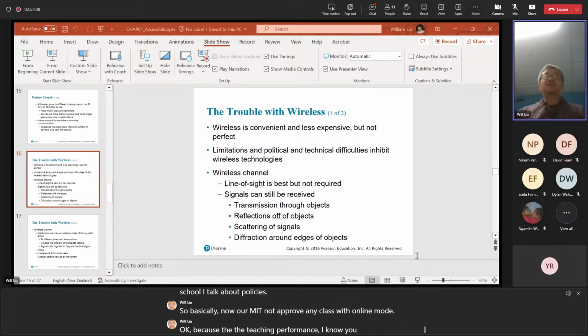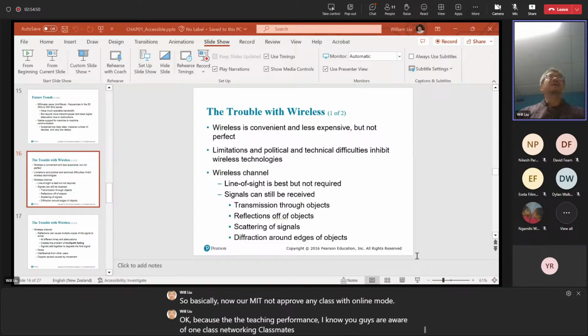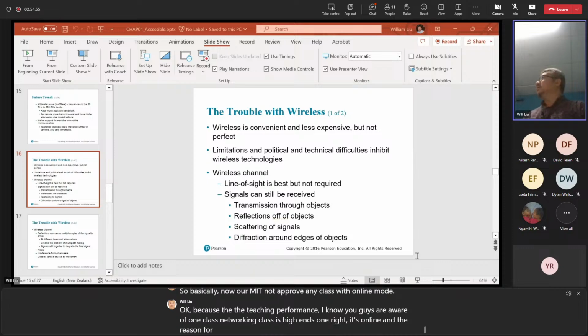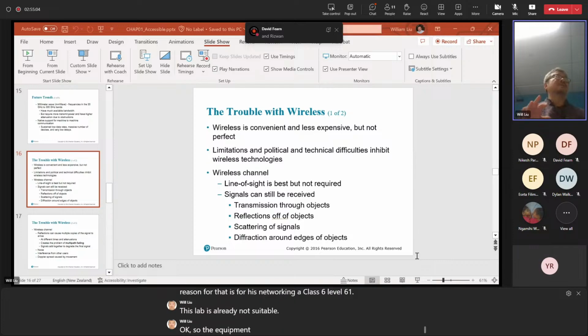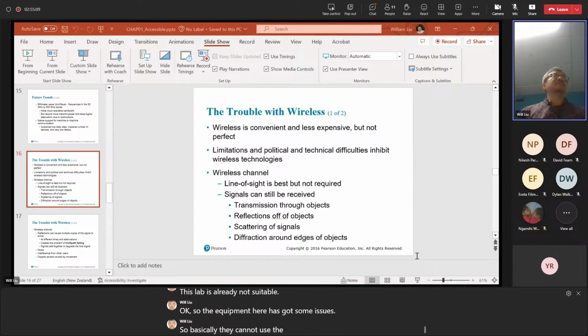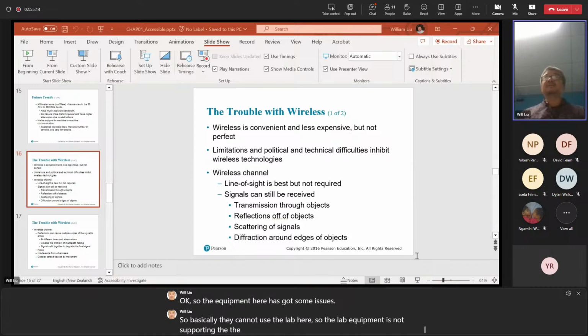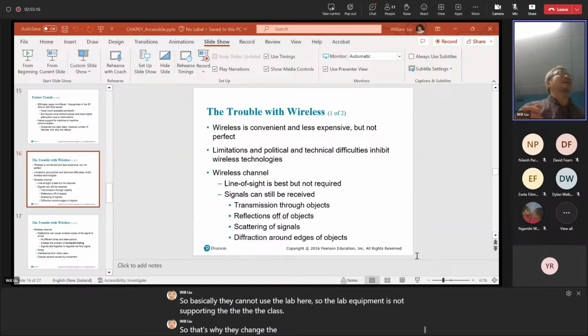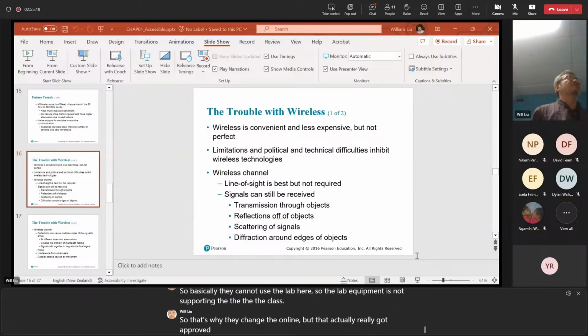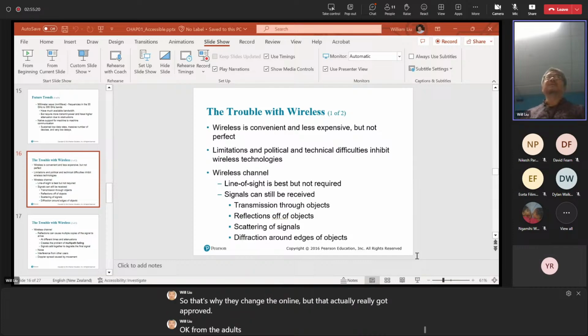I know you're aware of one class, the networking class, the high-end level 6 one, that is online. The reason is that the lab is already not suitable; the equipment here has some issues, so they cannot use the lab here. The lab equipment is not supporting the class, so that's why they changed to online. But that was actually approved by the head of school, from the institute.